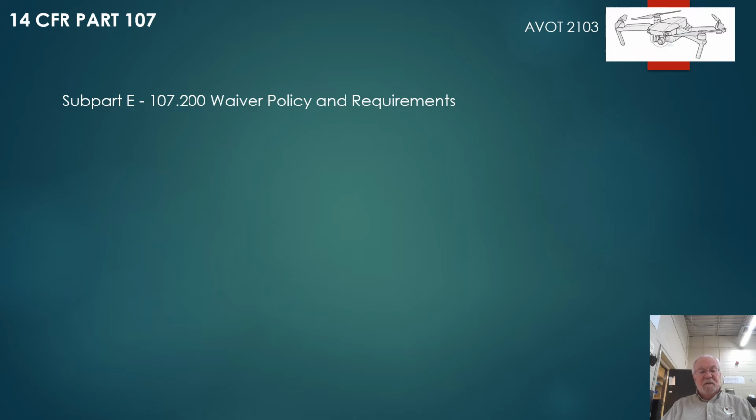The Administrator may issue certificates of waiver authorizing deviation from any regulation, those specific regulations listed in 107.205, if the Administrator finds that the proposed small UAS operation can be safely conducted under the terms of that certificate of waiver. So you've got to do the research. You've got to come up with all the ways your operation is going to be safe.